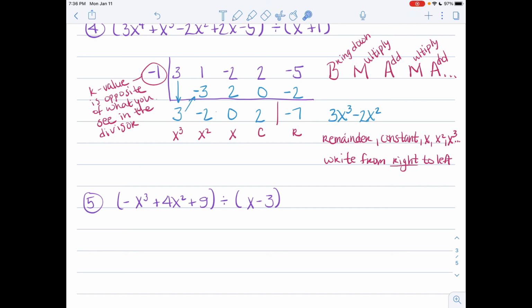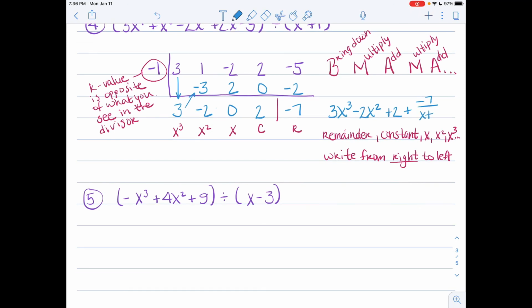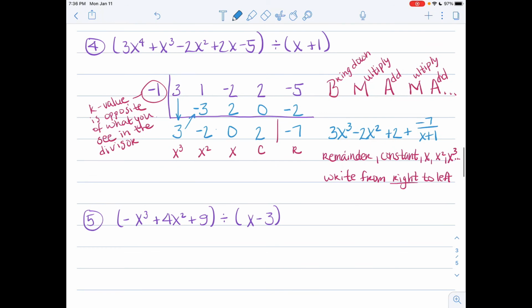I'm going to skip x because I have 0 of them, and 0 times x would simplify to 0, which we won't write. And so then I have plus 2, my constant. Don't forget that we still need to add the negative 7 over x plus 1, our divisor. And so this is our final answer with our quotient and remainder over divisor.